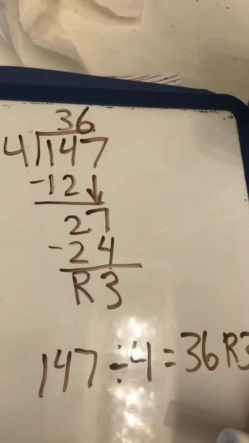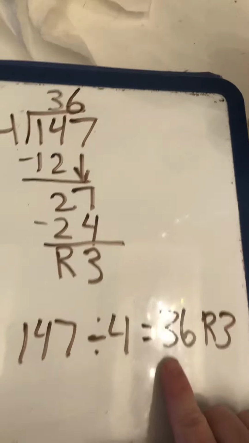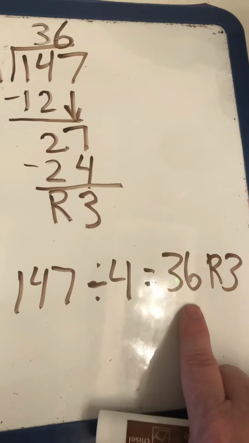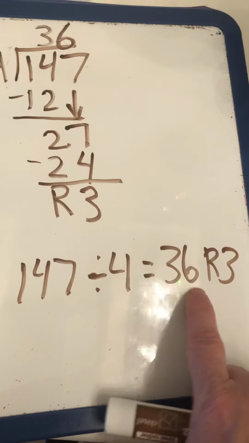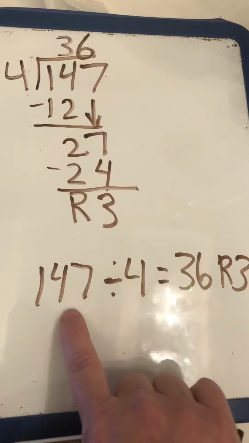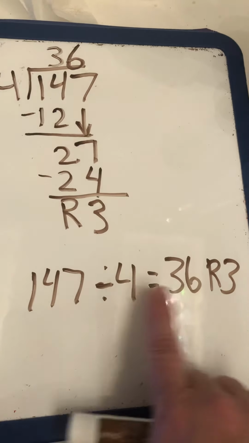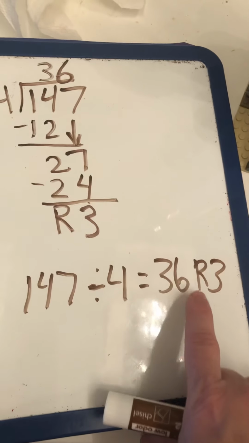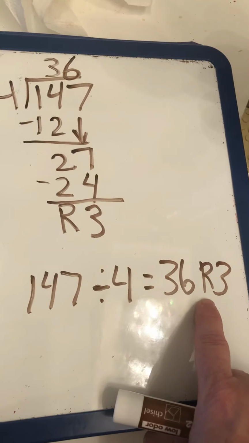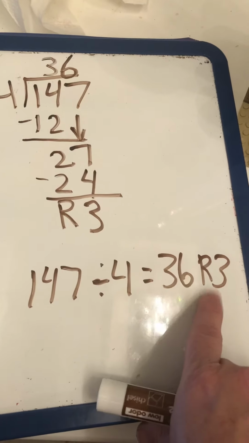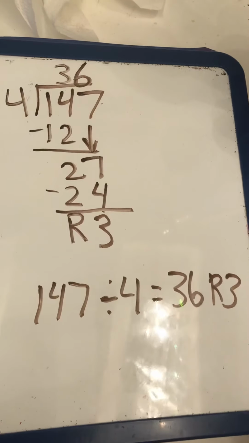And we found this answer by using the algorithm for division. Now we could check this. We could take this number 36, multiply it by this number 4, and we should get 147 after we add in our 3. So think about this remainder like a plus sign, okay? So 36 times 4 plus 3 should equal 147.